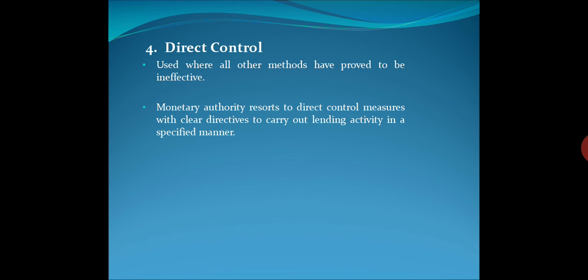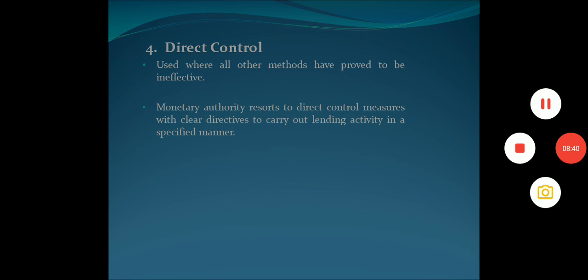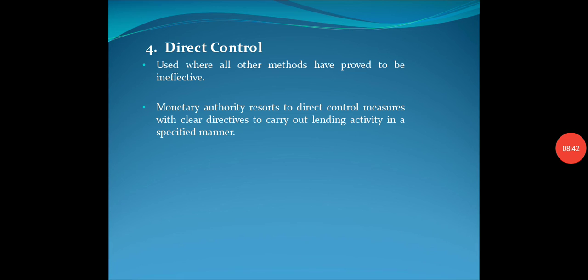So these are the four qualitative instruments or selective credit control mechanisms which are used under monetary policy: credit rationing on one end, on the other end a change in lending margins, moral suasion, and the last one being direct control. I hope monetary policy would be clear with the help of parts 1, 2 and 3 of the study material or the presentations that are being circulated.